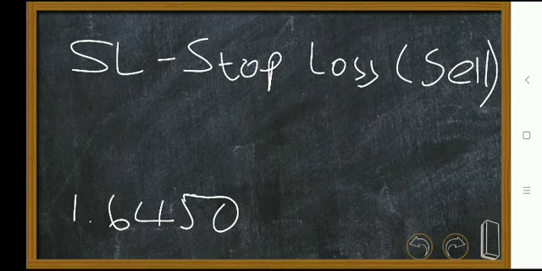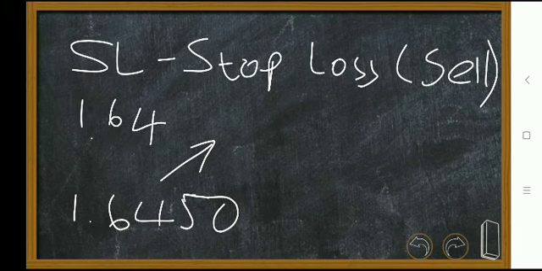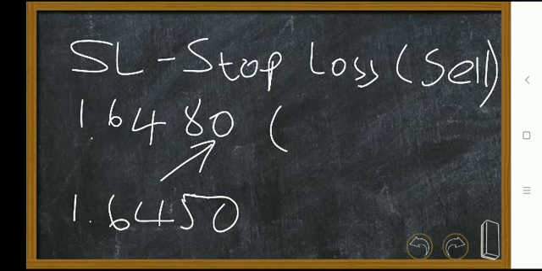It's a higher price, remember. That means it's 1.6480. That's your stop loss, because remember, when you sell and price goes up, you experience a loss. If it goes down, you experience profit. So 1.6480 will be your stop loss price. That's 30 pips if you're told to put a stop loss of 30 pips.